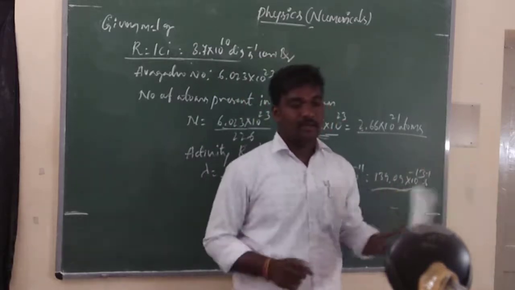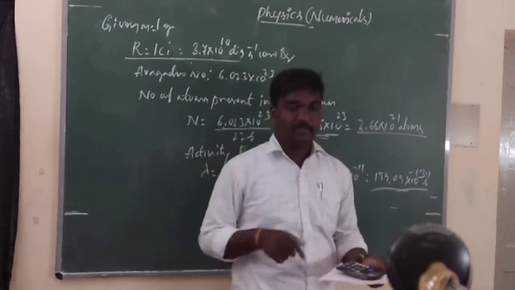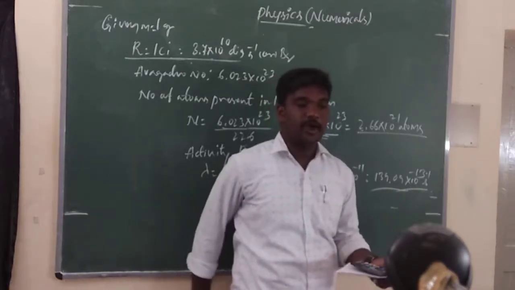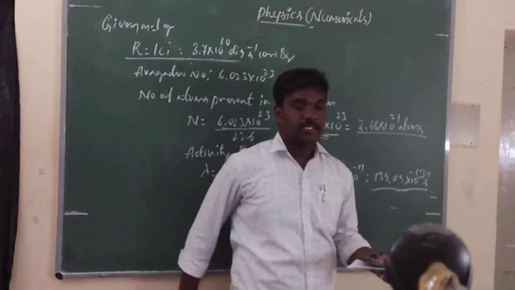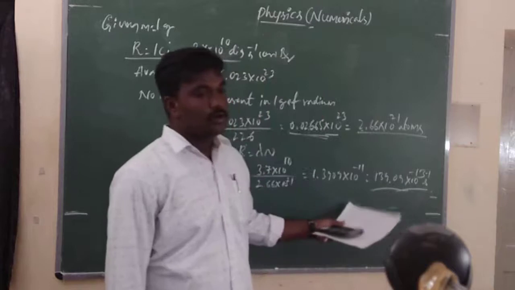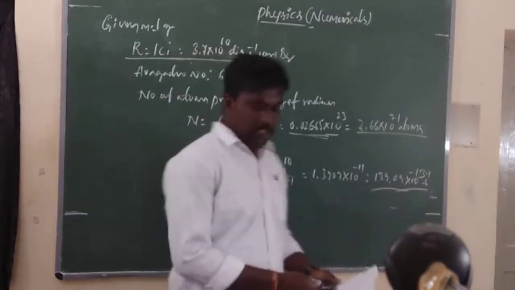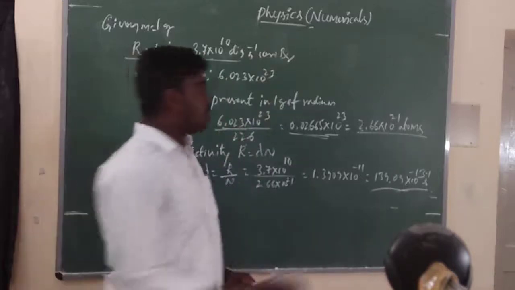The main thing we have to calculate is half life and mean life. So you know the formula for half life: T half is equal to 0.693 divided by lambda. You know the value of lambda, and mean life is 1 over lambda. So then we have to calculate half life.